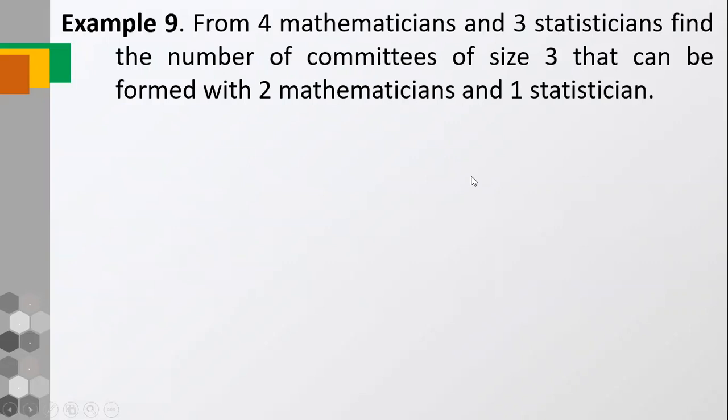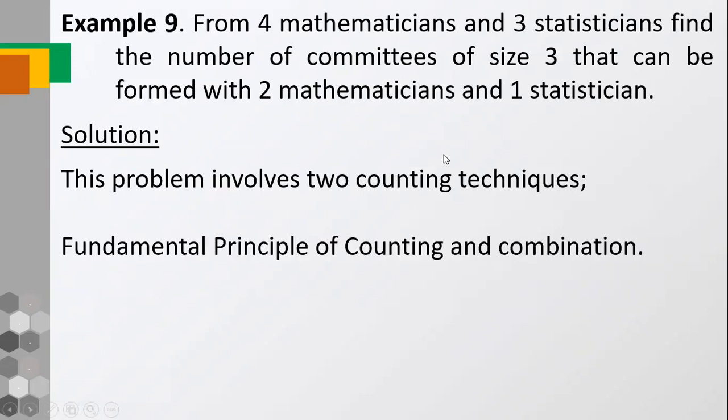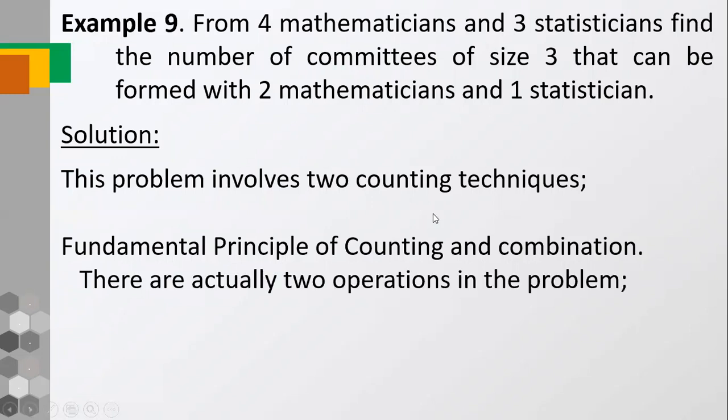Another example. From 4 mathematicians and 3 statisticians, find the number of committees of size 3 that can be formed from 2 mathematicians and 1 statistician. So this problem involves 2 counting techniques. First is the fundamental principle of counting and combination.